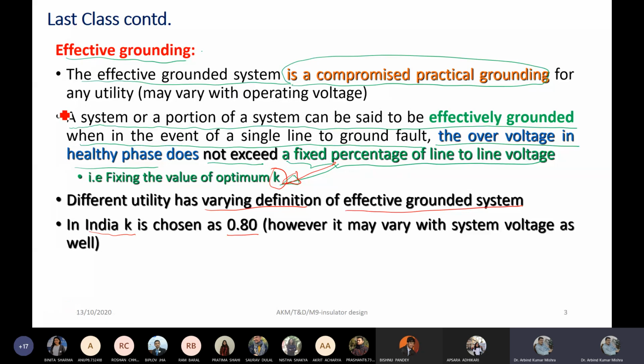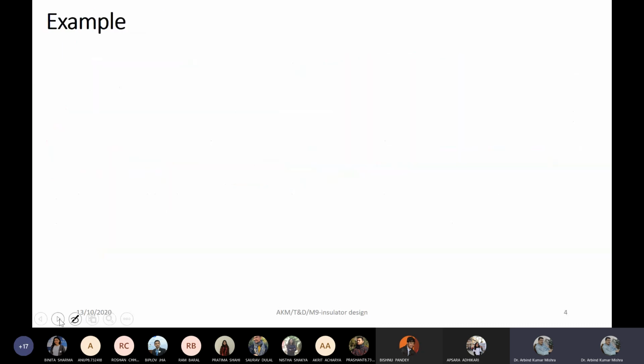But I would like to say that a more general definition would be better. It might be necessary, depending on the voltage level, that for one voltage level we choose 0.8, and for another voltage the optimum option could be 0.9, and so on.